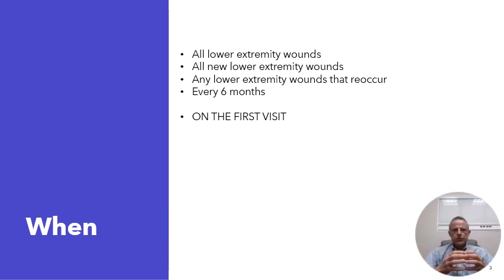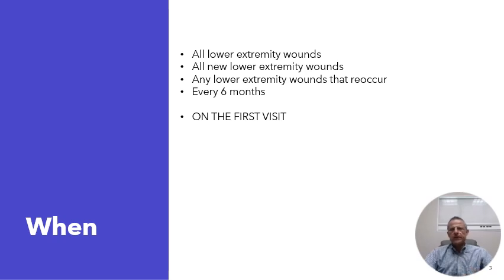So when should we think about doing a Smart ABI? All lower extremity wounds should have an ABI performed unless there is another vascular study that has been recently performed, such as a vascular ultrasound or CTA, etc. Any new lower extremity wound in a patient that you've been following, and any recurrent lower extremity wound that occurs, as well as screening every 6 months in this population.